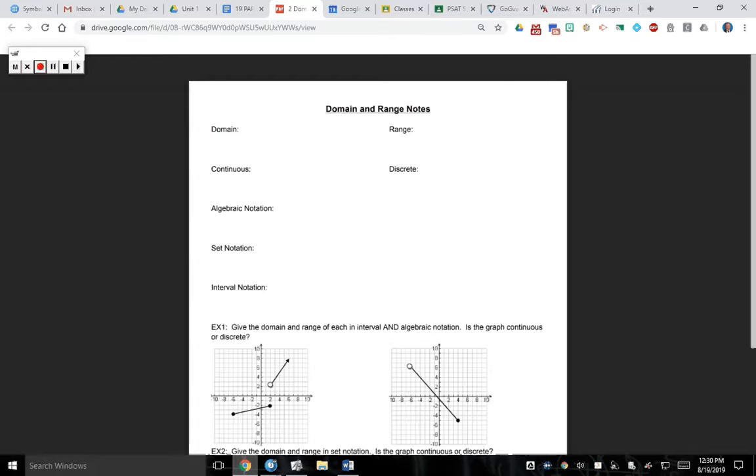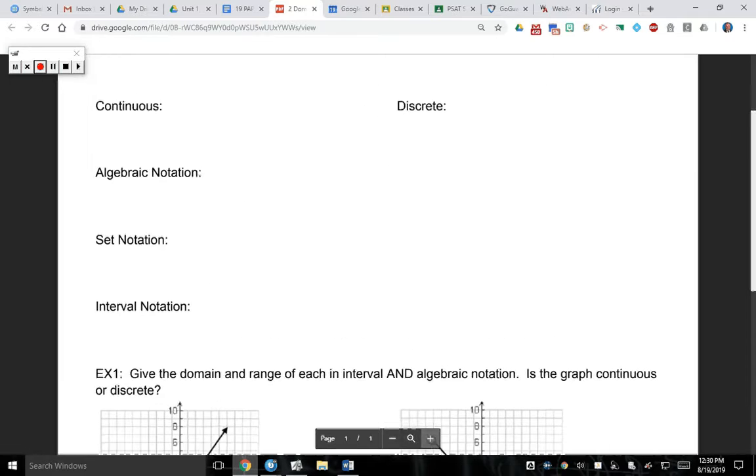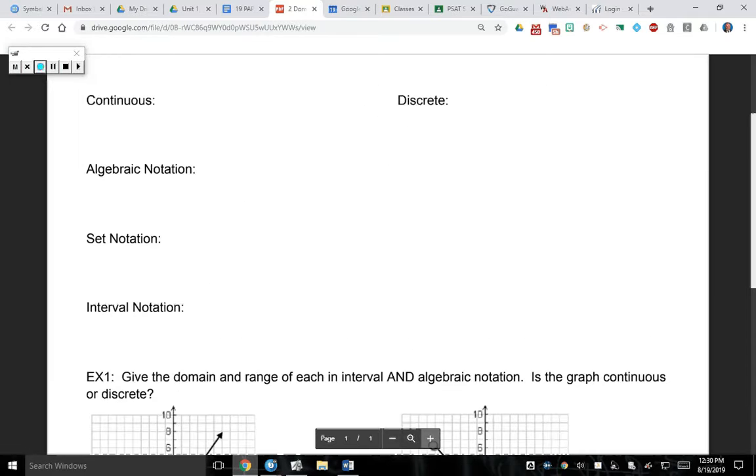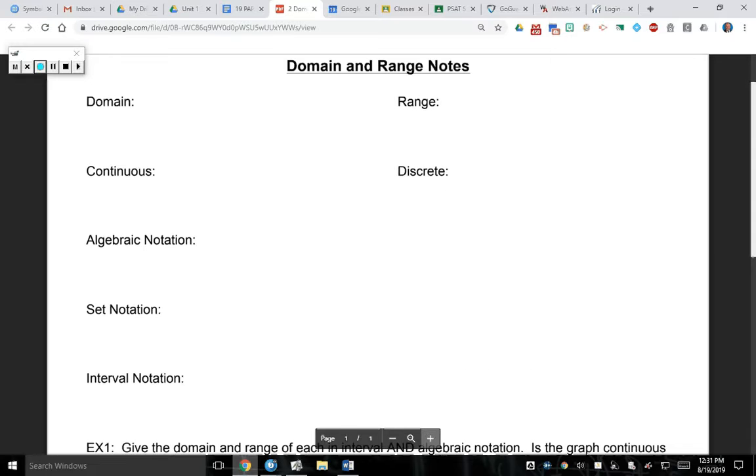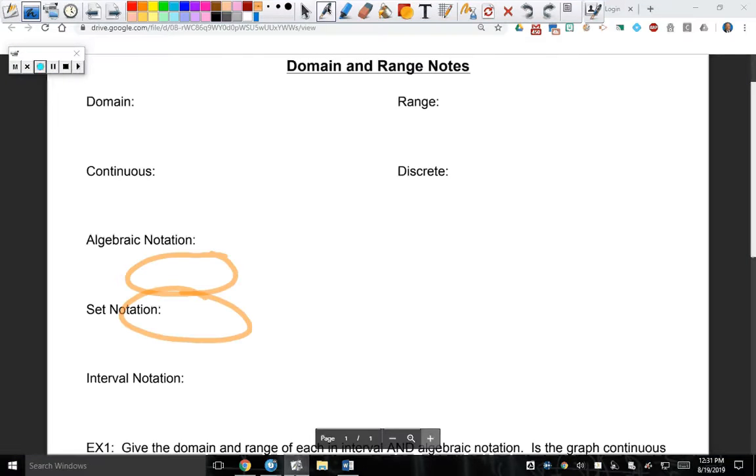All right. So let's go ahead and look at these notes to start off, and these are the notes for today. We're going to start with domain. A domain is a set of all possible input.